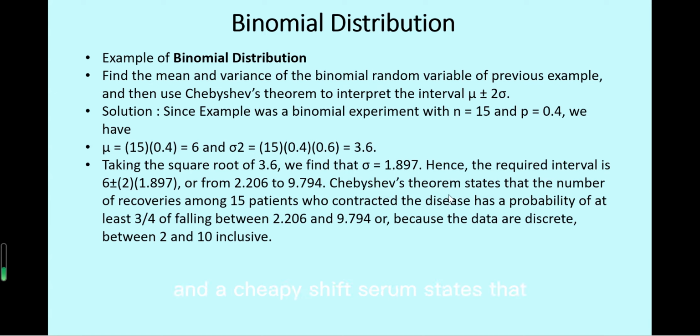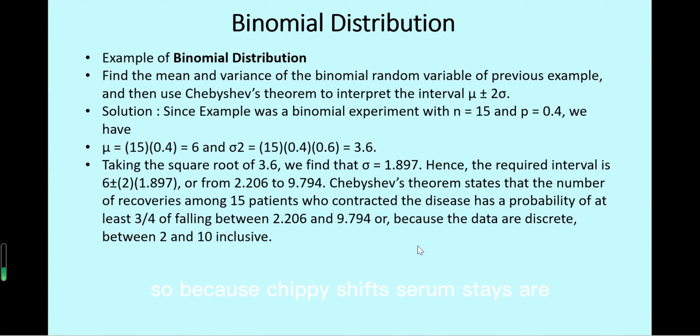Chebyshev's theorem states that the number of recoveries among 15 patients who contracted the disease has a probability of at least 3 of 4 of falling between this range.